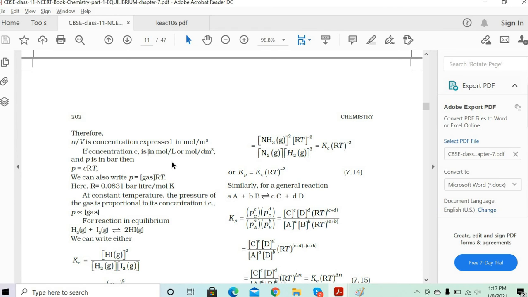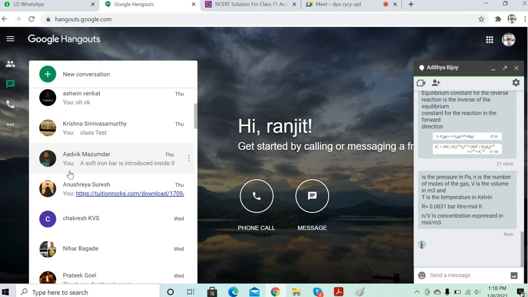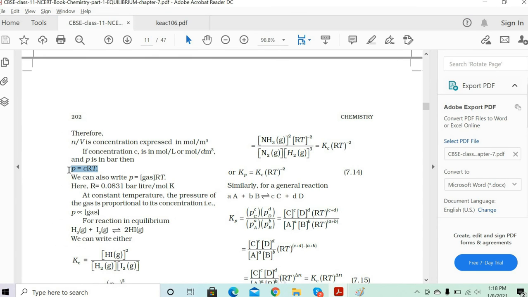If the concentration C is in moles per liter or moles per decimeter cube, then P is in bar. So pressure has two units: you can put it in pascal, and you can put it in bar also. Now the formula changes: P is equal to CRT. Because C you are expressing in terms of moles per liter or moles per decimeter cube, and R is anyway the constant value, so P is equal to concentration of gas C into R into T.